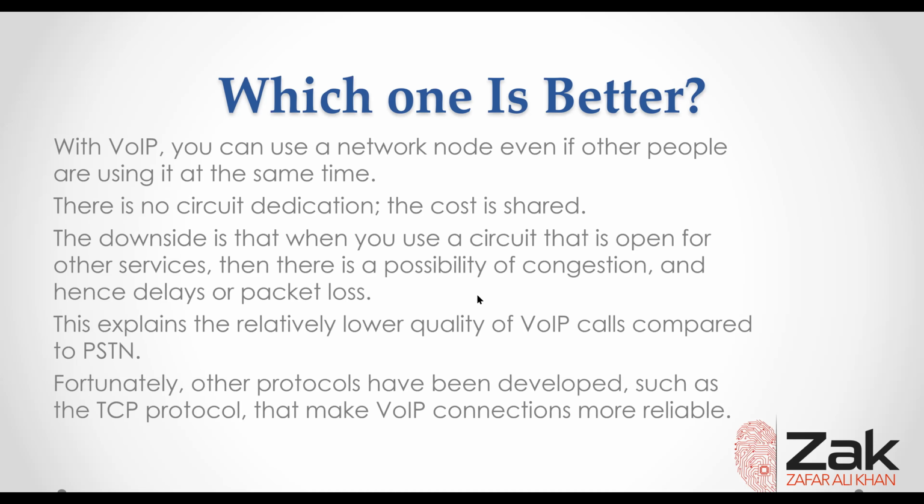The downside is that when you use a circuit that is open for other services, there is a possibility of congestion and hence delays or packet loss. This explains the relatively lower quality of voice over IP calls compared to public switched telephone networks or PSTN. Fortunately, other protocols have been developed, such as TCP/IP, to make sure that voice over IP connections work properly and remain reliable.